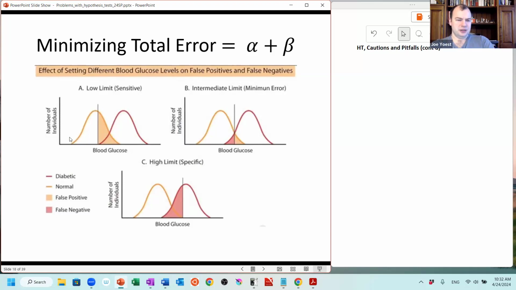Okay, so here's what I would call a toy example. It's not a real life example, but it's something that approaches a real life example. So let's suppose that we are going to diagnose somebody for diabetes based on a single blood glucose test. Of course, like I said, not real life. The diagnostic criteria are a bit more complicated than that, but we could imagine that this could be maybe a first pass or a screen for diabetes.